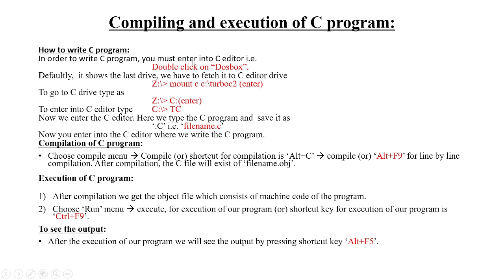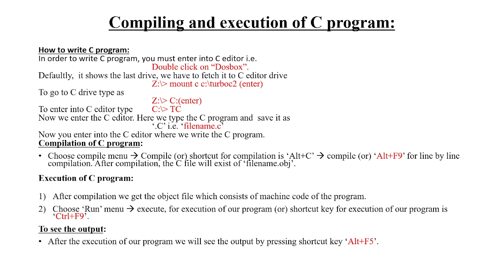Now let us see how to get into the C program environment to write the C program. First, we double click on the DOSBox prompt and it opens, and that will be in the Z drive, and at the Z drive we have to fetch the C editor drive.